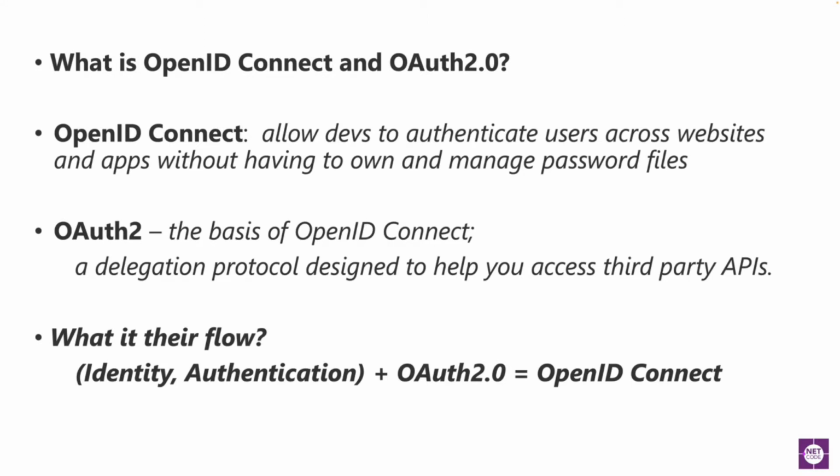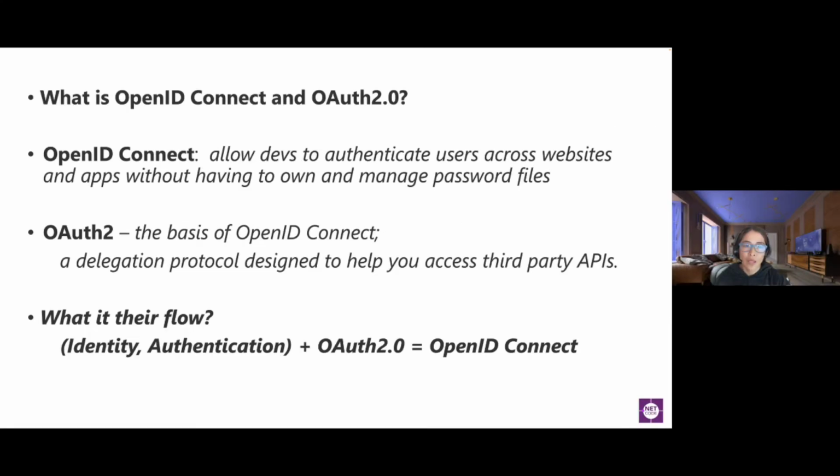OpenID Connect allows developers to authenticate users across websites and apps without having to own and manage password files. And OAuth 2 is actually the basis of OpenID Connect. It is a delegation protocol designed to help you access third-party APIs.